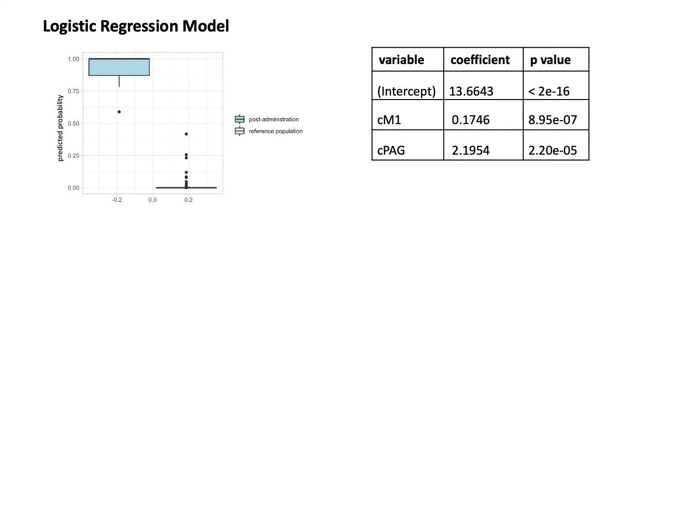If we now apply this model, we get a mean predicted probability of 1 for the urine specimen collected after administration of PEA and 0 for the samples of the reference population. So, with the p-values shown here, increased concentrations of both metabolites correlate significantly with the application of PEA, and we can see that logistic regression presents a suitable and new approach to detect suspicious samples in doping control.